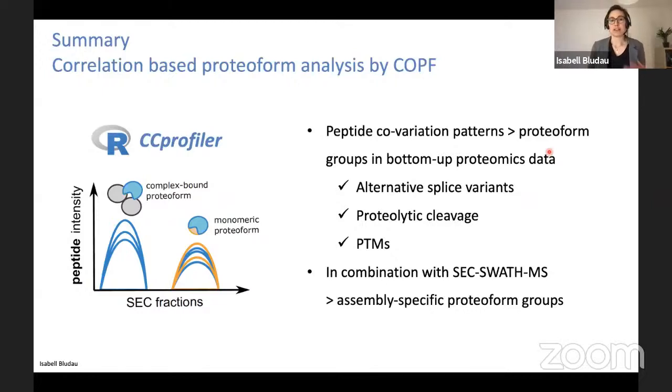I hope I could show you that correlation-based proteoform analysis by COPF can use covariation patterns to assign proteoform groups in bottom-up proteomics data, and it can detect proteoforms derived by alternative splicing, proteolytic cleavage, or indirectly even by PTMs. And in combination with SECpress, this allows for the first time to systematically assess relationships between proteoform groups and complex assembly.